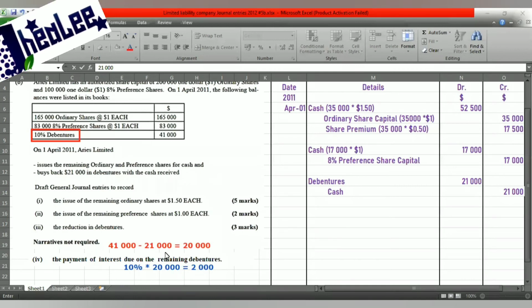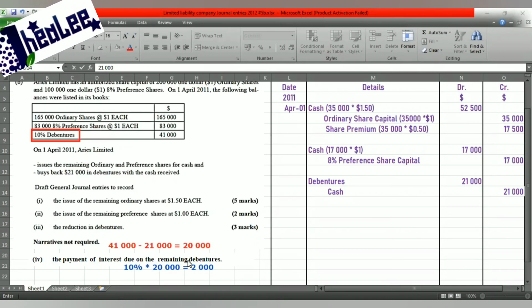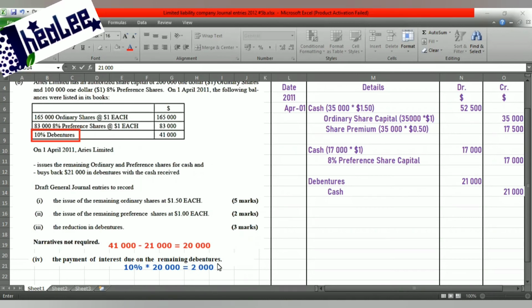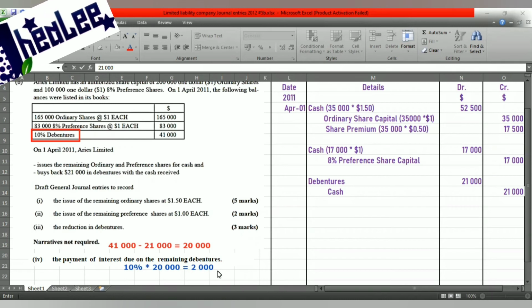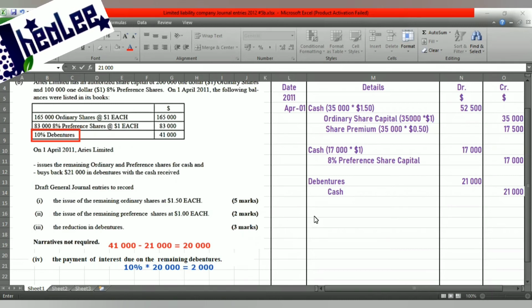So we're going to make the entries now in the general journal to record the payment of interest due on the remaining debentures. Remember, we have calculated, and based on that, the interest on debentures is 2,000. Now, debenture interest is an expense.